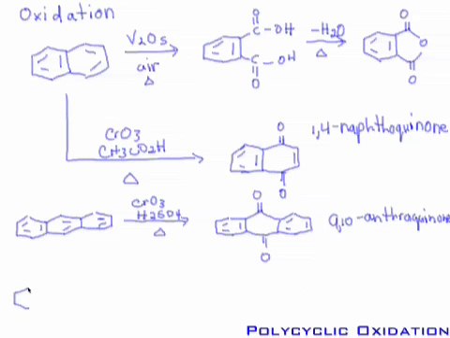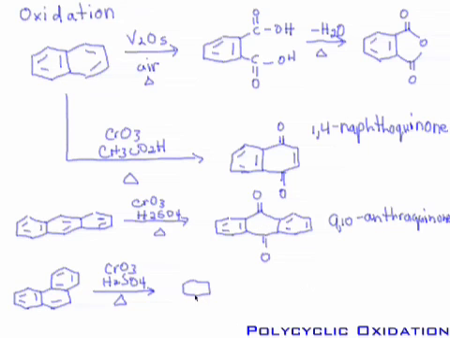Likewise, you can do this reaction on phenanthrene. Remembering that the most alkene-like bond is the 9,10 bond, CrO3, H2SO4, and heat. Well, that will produce, of course, in the 9,10 position, double bond O's.